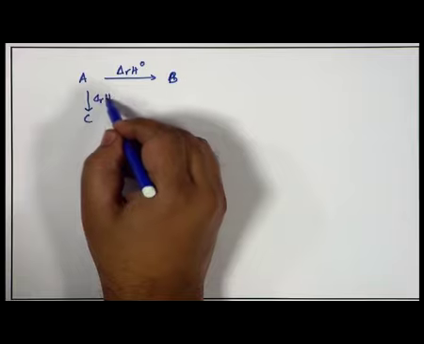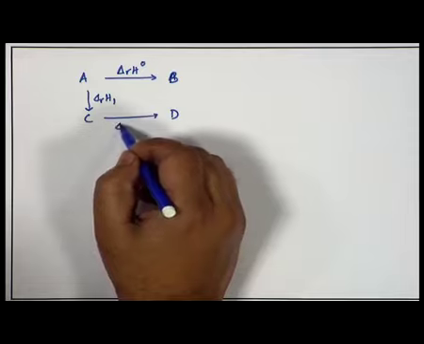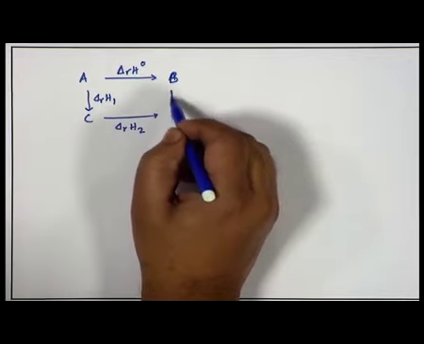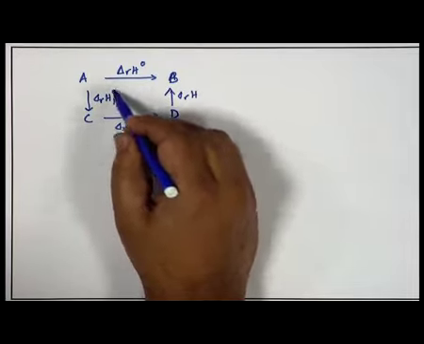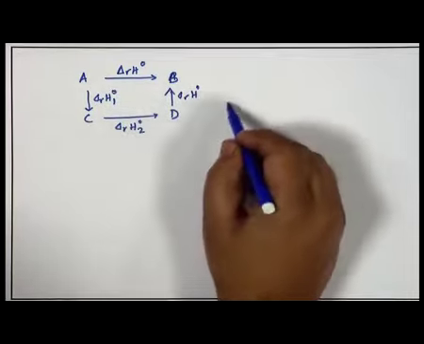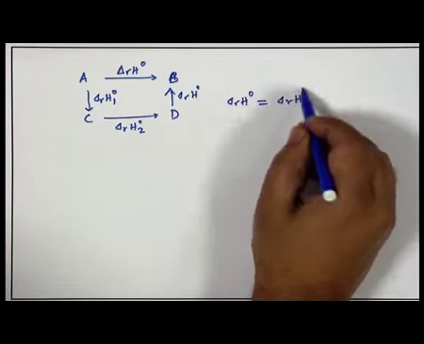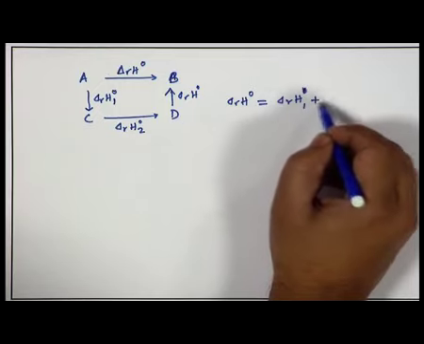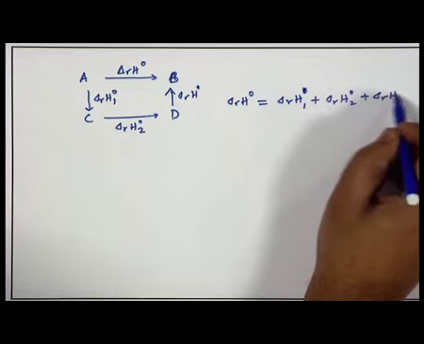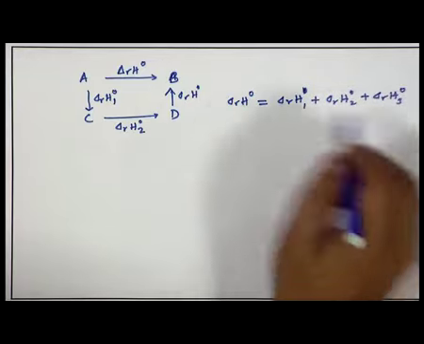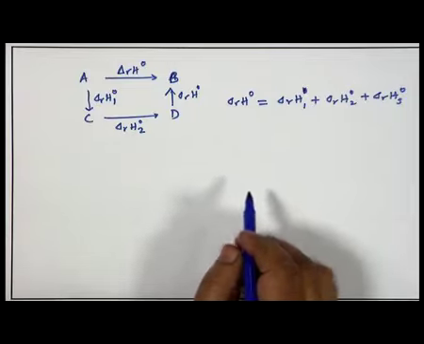So, this is del H 1, another intermediate del H 2, another third step del H 3, then del H R for the reaction would be del R H 1 plus del R H 2 plus del R H 3. So, this is the general form of Hess's law.